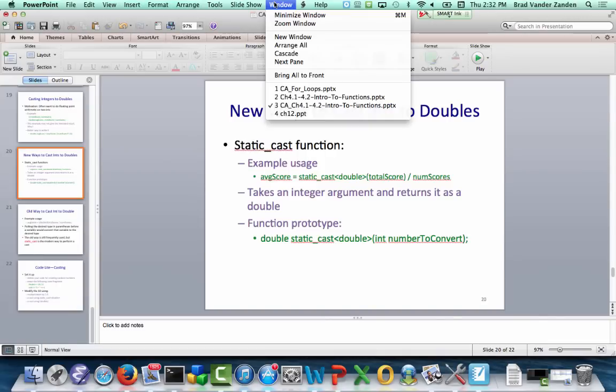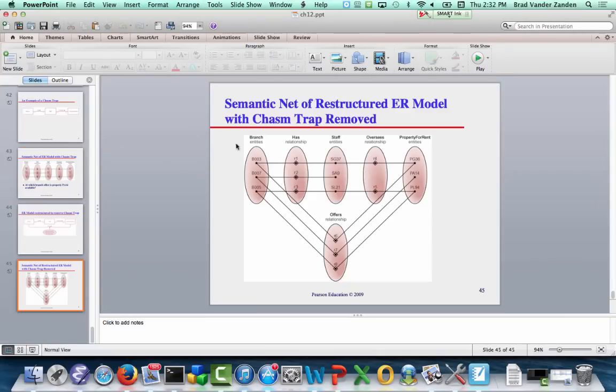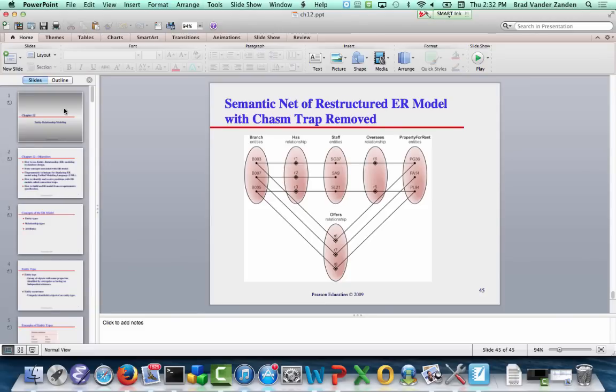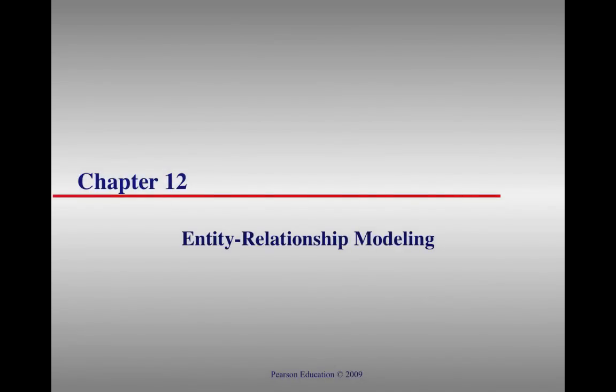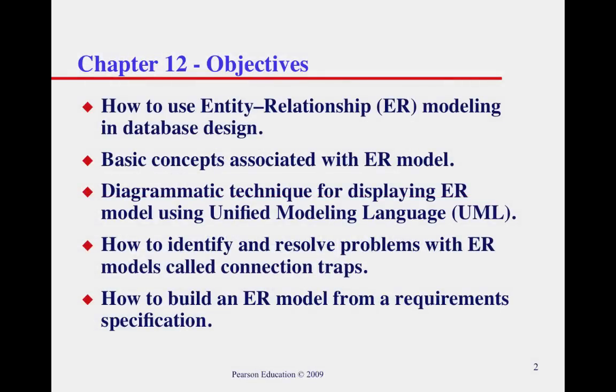So that brings us to the topic of the day, which is entity relationship diagrams. Okay, so the basic ideas in chapter 12 is to introduce you to the basic concepts behind entity relationship diagrams.